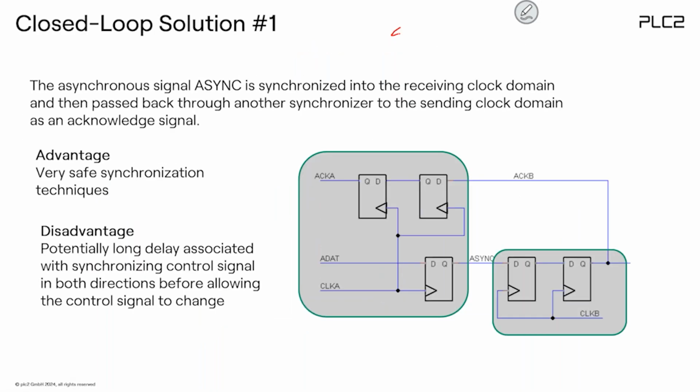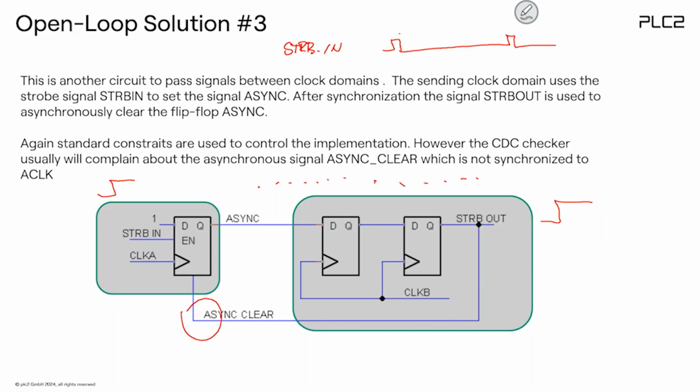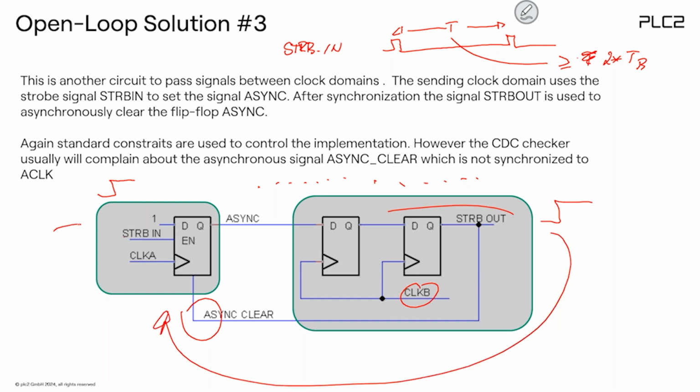So the time t between two strobes here must be greater than two times the period of b, because first we have to process this and then we can clear it, and then the next can come.